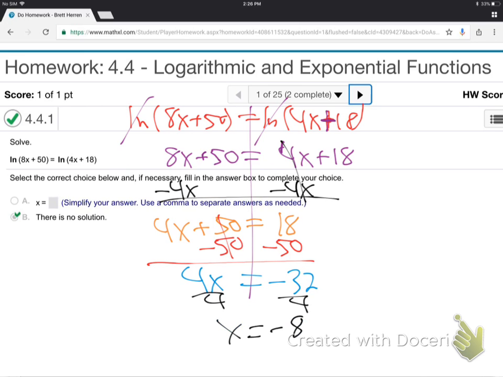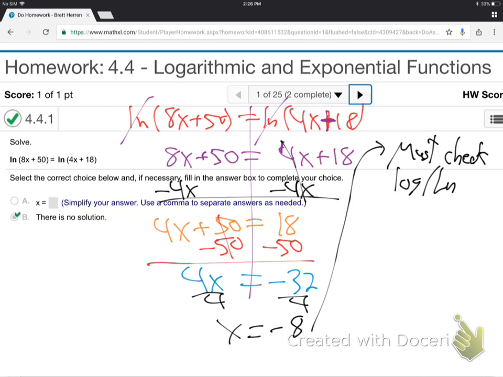Hey, why does it say no solution? Oh, because, remember what we said, I forgot. You must check, for log or natural log, plug your answer in. It's a quick thing, you could probably just do it with your eyes.